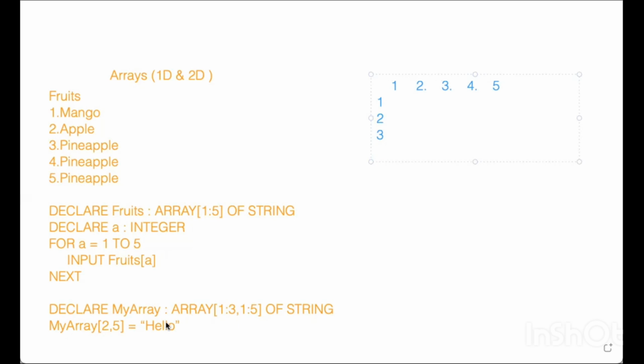So for example, to make it simpler, let's say that this is an array of integer, and let's say this value is, let's say, 10. So we are trying to store the value 10 on this place, second row and fifth column.